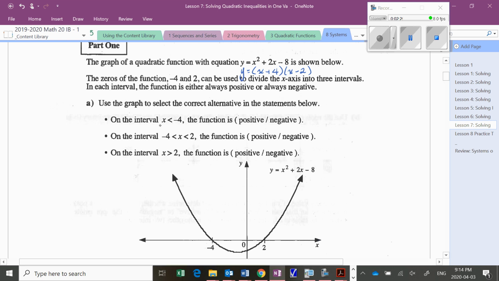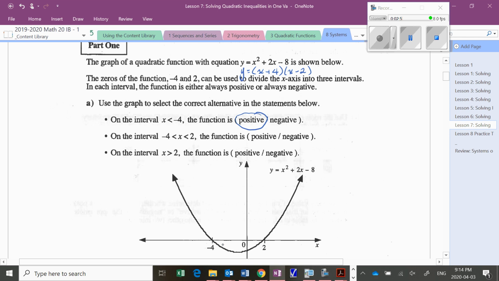So for the interval x less than -4, we can see our graph is here, the function is above the x-axis, so the function is positive. The interval between -4 and +2, so all of these x values, when x is -3 and -2 and -1, and x is 0 and +1.